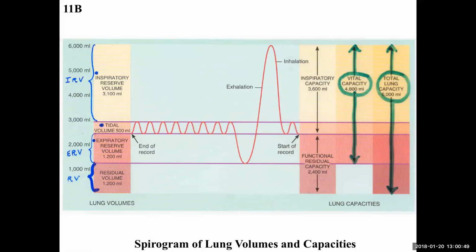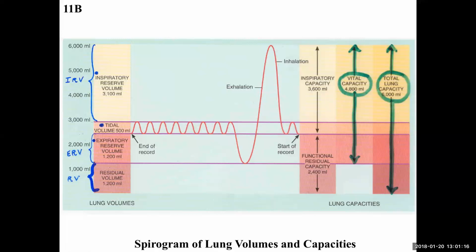So if we add up the tidal volume plus the IRV and the ERV, that is called the vital capacity. That is the maximum amount of air that can be moved in and out with forced breathing in a single cycle. This is with forced breathing because remember, we're doing forced inspiration and forced exhalation, and that is going to be the vital capacity.